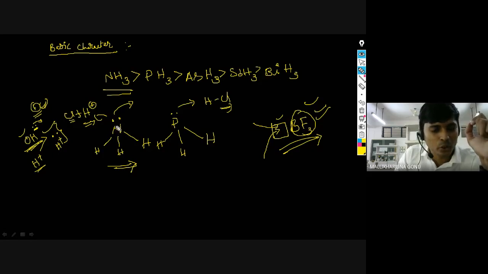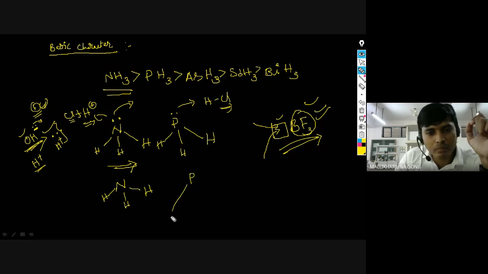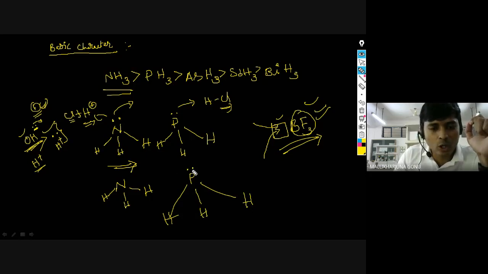If I write these bonds clearly, this will be the size of this one compared with this one. For phosphorus the bonds are like this, just to imagine. So the bonds are longer compared with this one. Here a lone pair of electrons is there, and here too. Does this lone pair have more repulsions, or this one?